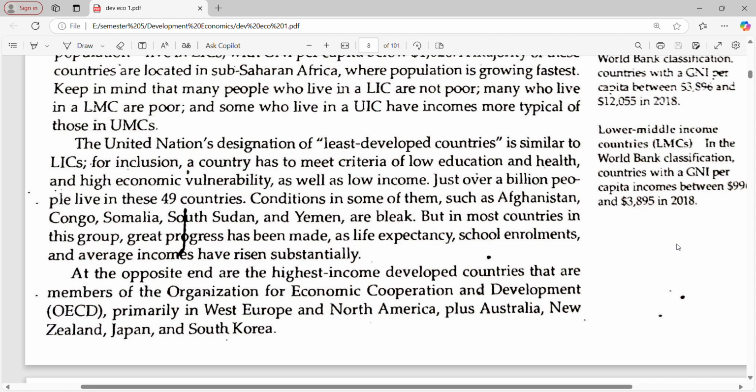These 49 nations such as Afghanistan, Somalia face severe conditions, although many have seen improvements in life expectancy, education and income. Least developed countries. Okay. They are more like low income countries. So this LIC is a classification by the World Bank, whereas LDC, least developed countries, is a classification of the UN.